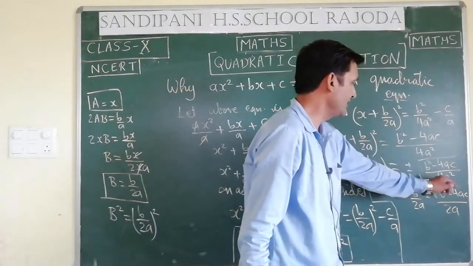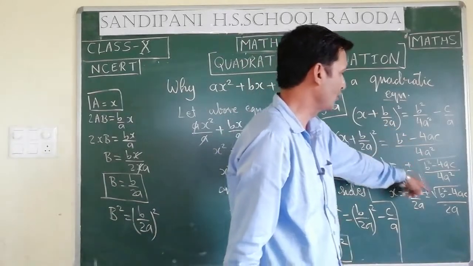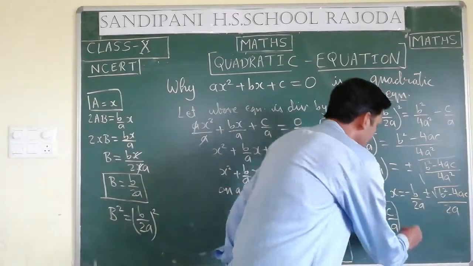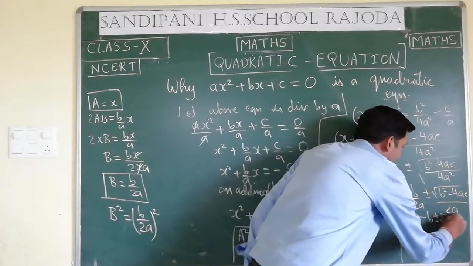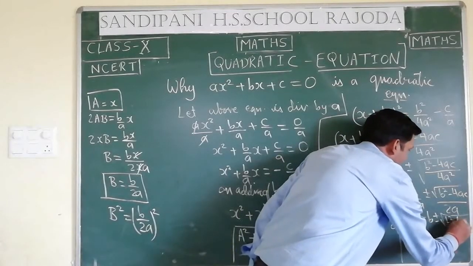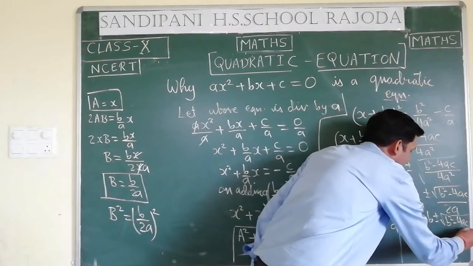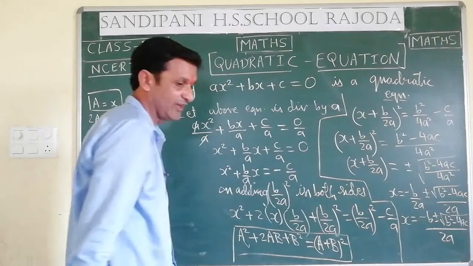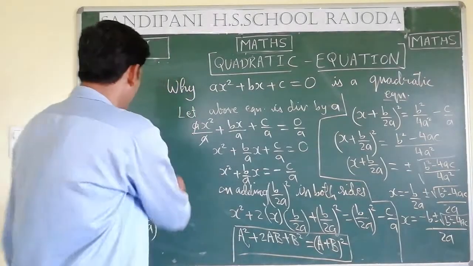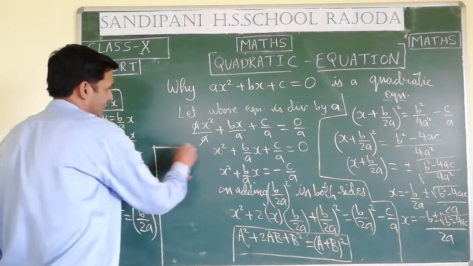This 4a square is taken out from the root, then it will become 2a. So x is equal to minus b plus minus under the root b square minus 4ac upon 2a. So we can say now that we are having two values of x.